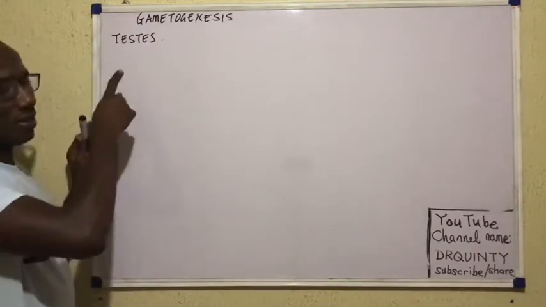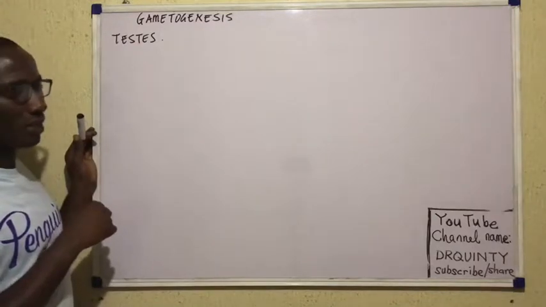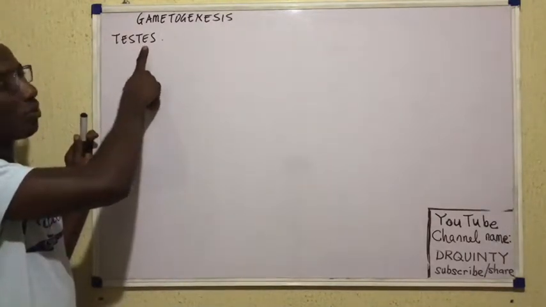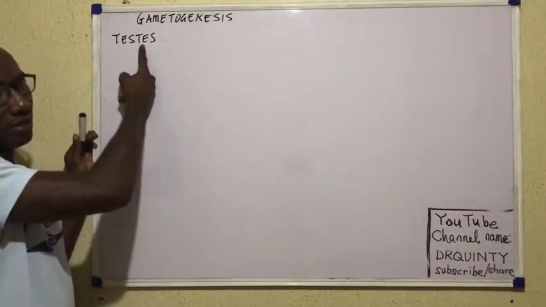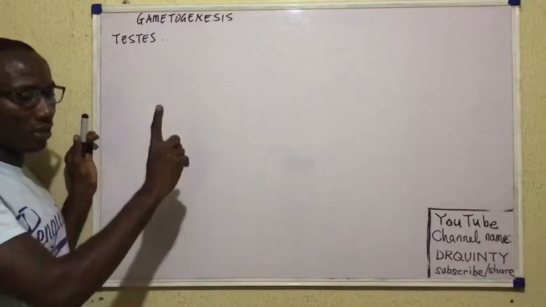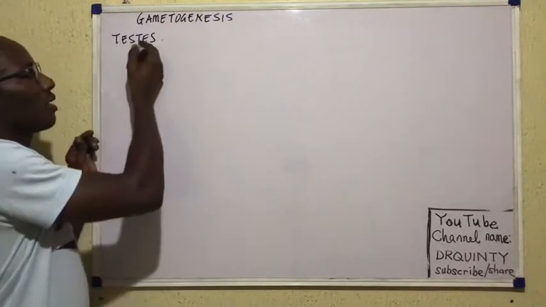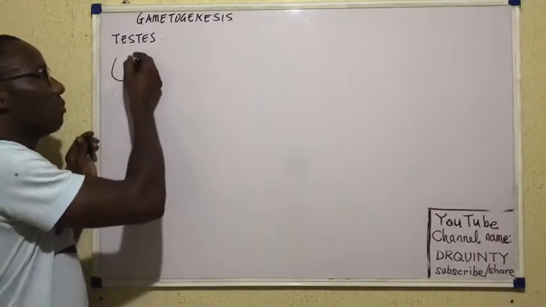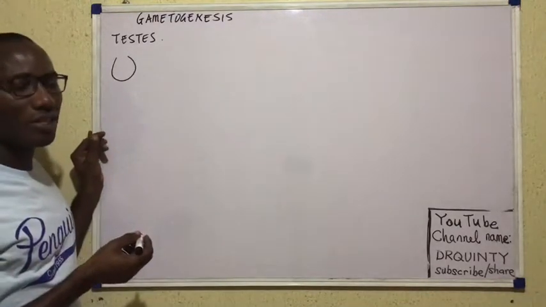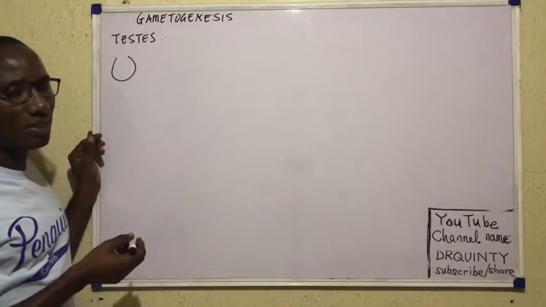So the testis is the male gonad. What I've written there as testes is plural. The singular would have an I here instead of the E. So, testis, that's singular. Now these testes are held outside the body of the male, inside what we refer to as the scrotum or scrotal sac.